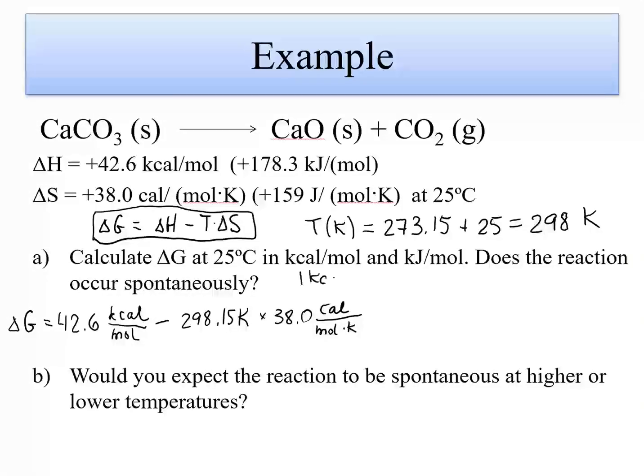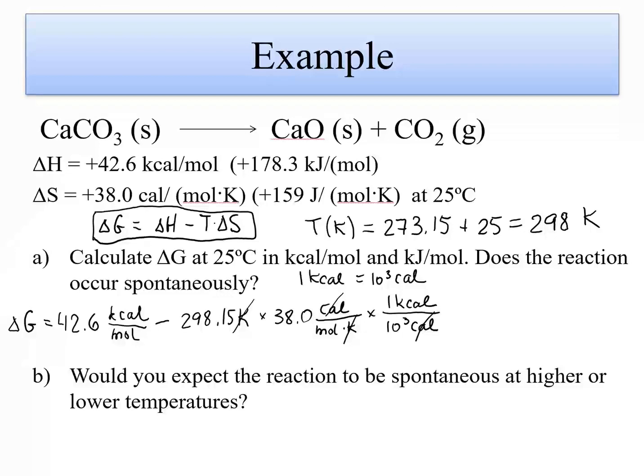1 kilocalorie is 1,000 calories. So if I'm converting to kilocalories, 1 kilocalorie over 1,000 calories. So this will cancel the calories. Also, kelvins cancel.